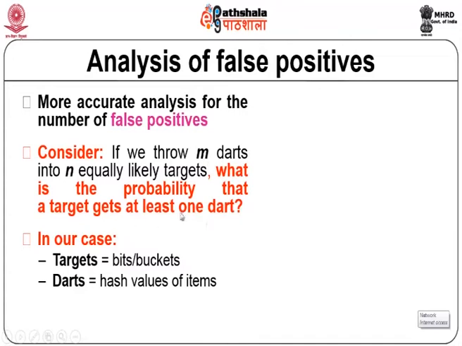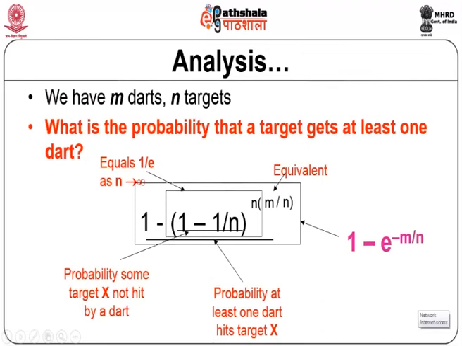When you map the given scenario to the algorithm we discussed earlier, the targets will be the bits per bucket and the darts will be the hash values of the item. Here we have m darts and n targets. Now, we are trying to understand the probability that a target gets at least 1 dart.